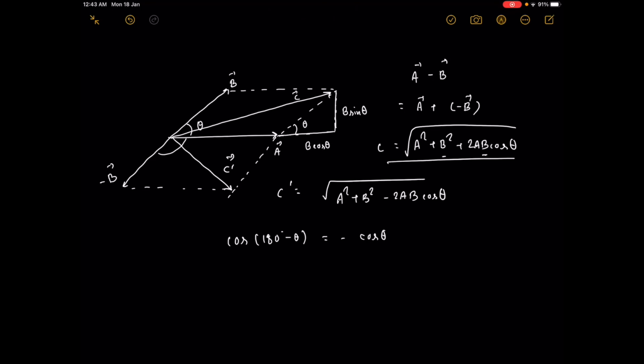And this change of theta to 180 minus theta includes the change of the sign of B. If you do both, I mean if you change theta to 180 minus theta and also change B to minus B, all you are doing is reverting back to vector addition of A and B. So either you change the sign of B to minus B, or you just change theta to 180 minus theta. You do either one of those. Okay, don't do both. That will just revert back to vector addition. I hope you understand that. So let us proceed to do some further problems.